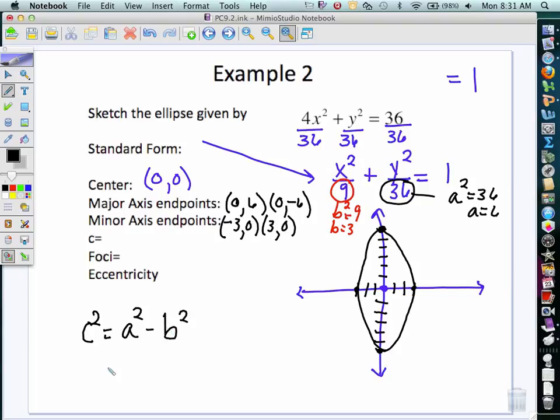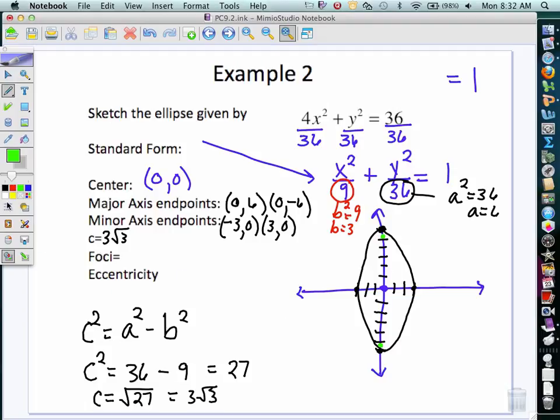All right, let's find our c value. So c squared is equal to a squared minus b squared. C squared would equal, our a squared is 36 and our b squared is 9. That's 27. So c would equal the square root of 27, which is 3 square roots of 3. So the foci would be 3 square roots of 3 units away from the origin.